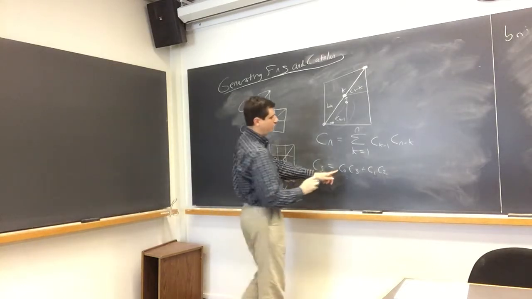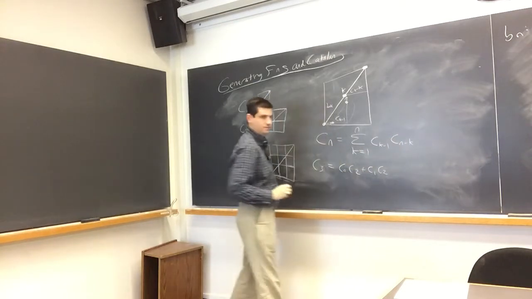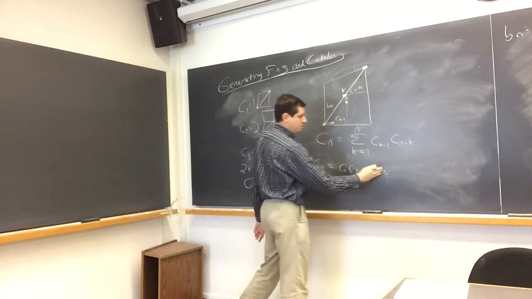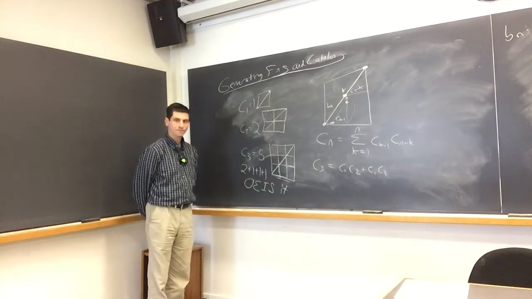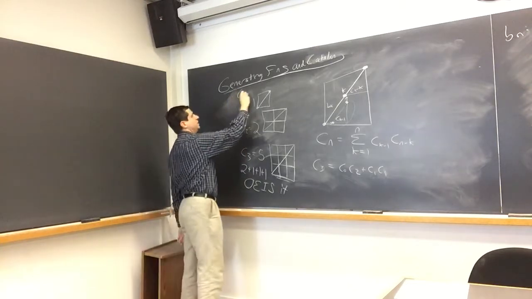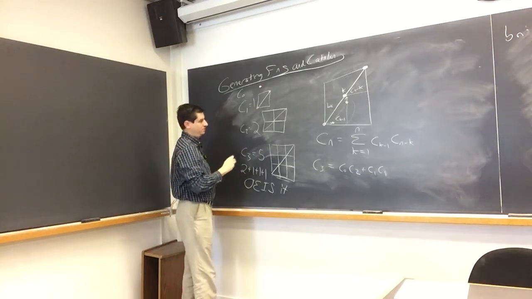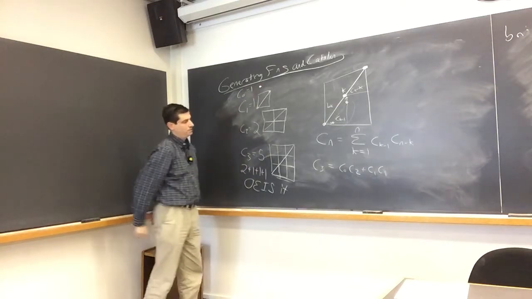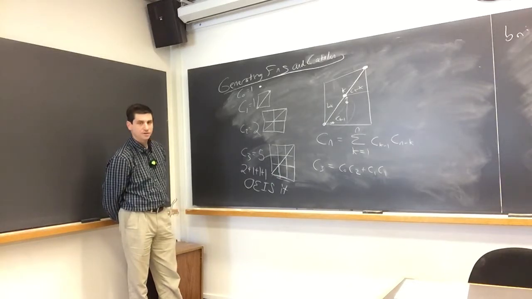Oh, wait, we start off with 1, so this should be C2 over here, right? And the next one should be maybe C1, C1. What should C0 be? How many paths should there be from here to here? So we would get 1 times C2, which is 2, plus C1 times C1. So we'd be getting 3.